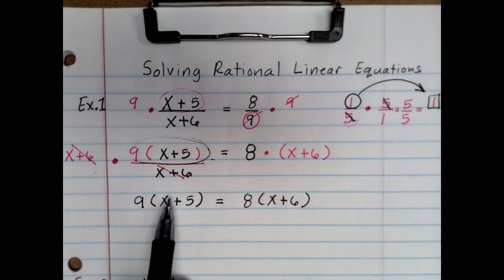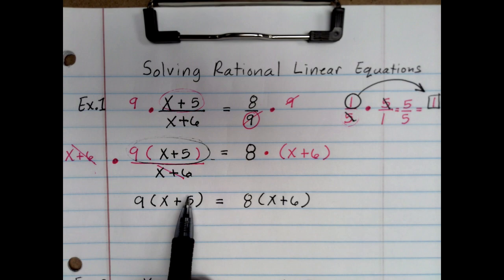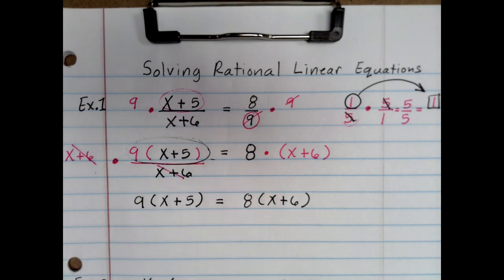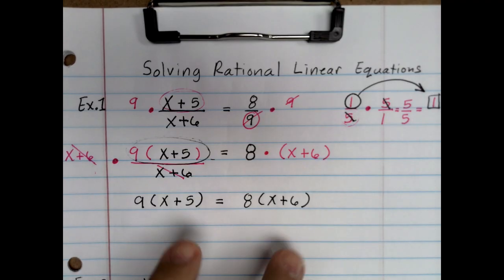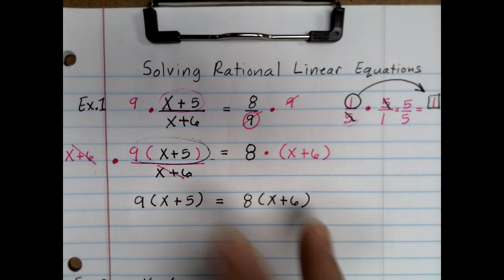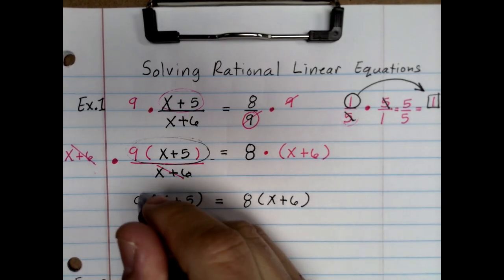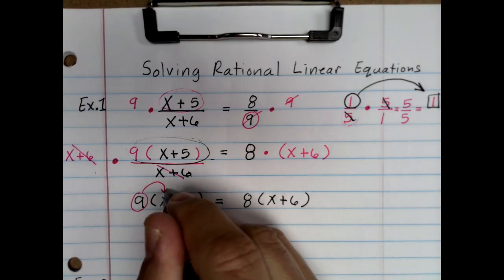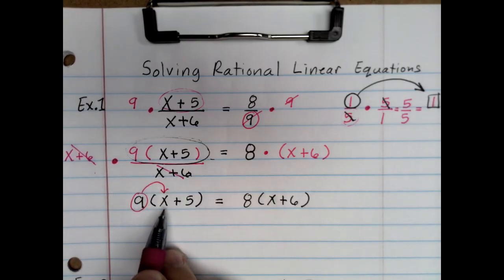Now, a lot of you looking at this right now probably feel like this is easier to deal with than these rational values we had in the beginning. But now I'm just going to follow the process of solving it. It's just a linear equation with variables on both sides, and they have the distributive property. We have those parentheses. So to get rid of those, I'm going to take the number on the outside of the parenthesis and first multiply it to the first term on the inside.